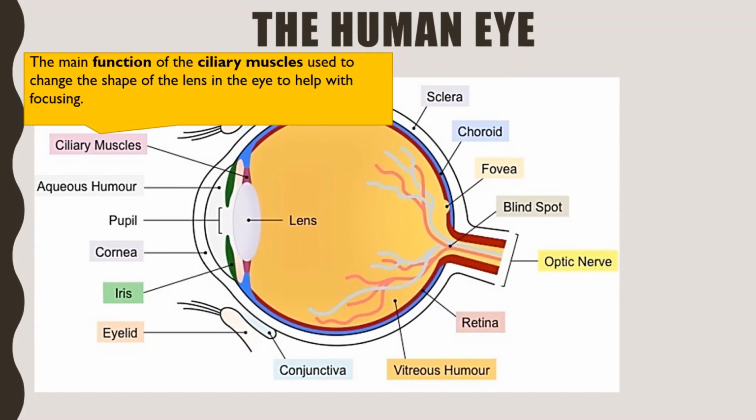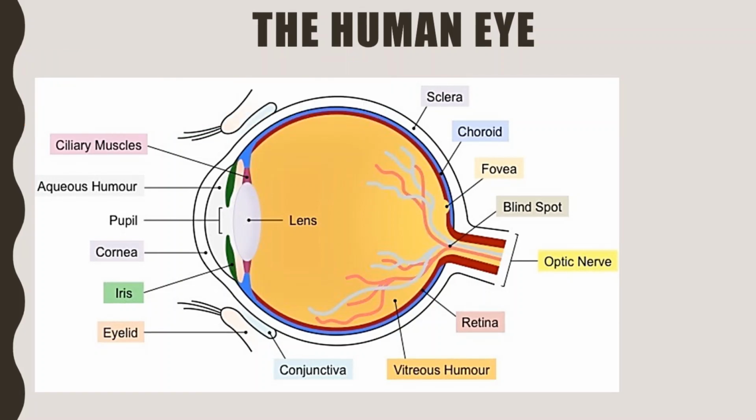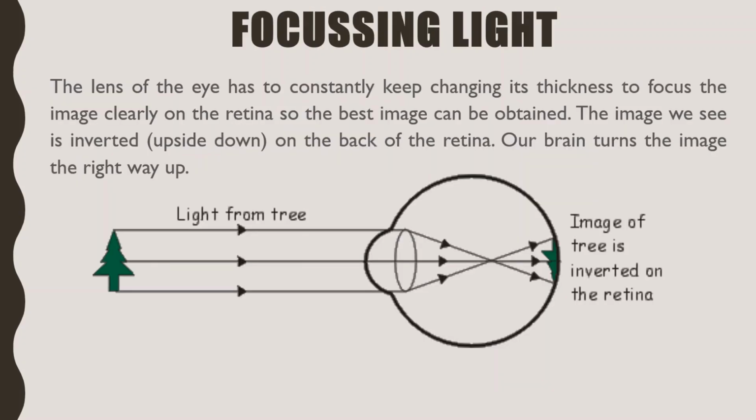Moving on to the next part: ciliary muscles. It's very important. These ciliary muscles are used to change the shape of the lens in the eye to help with focusing. Now, how does it focus? Look at this image here. This is the case when the object is kept at a normal distance, which is nothing but the least distance of distinct vision, 25 centimeters.